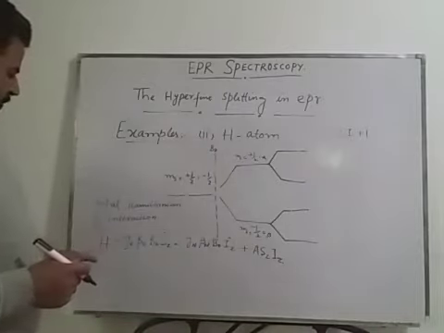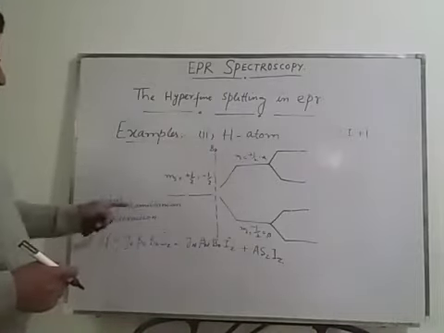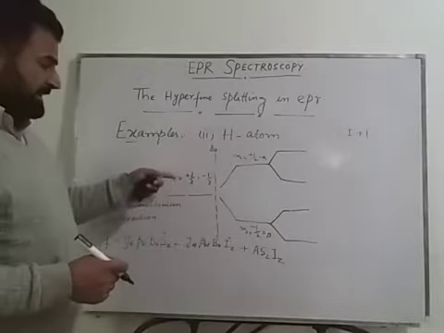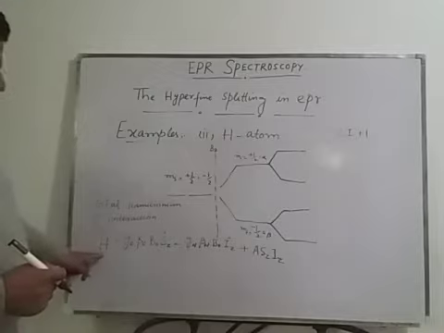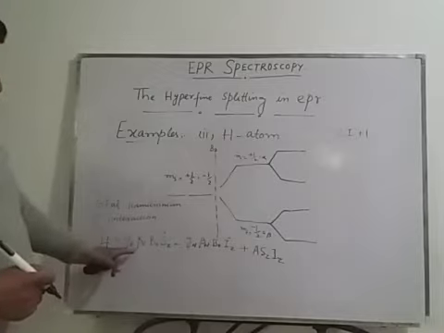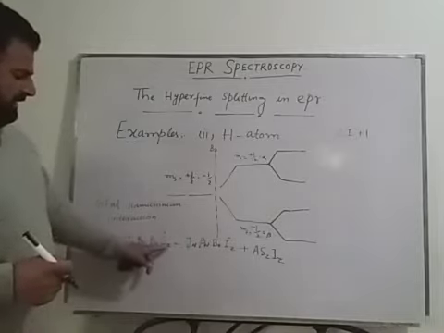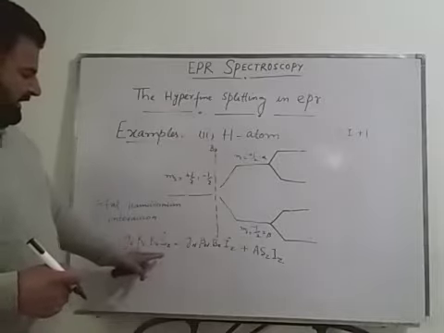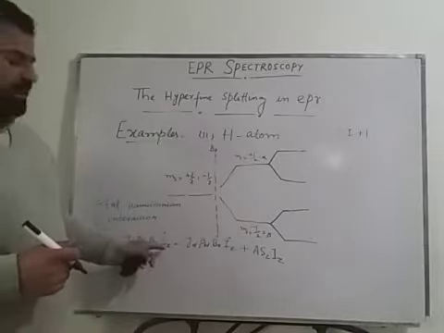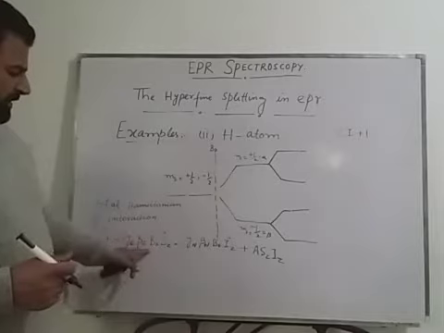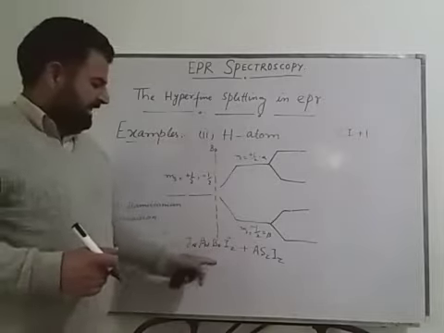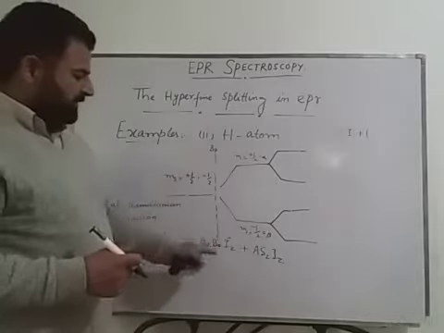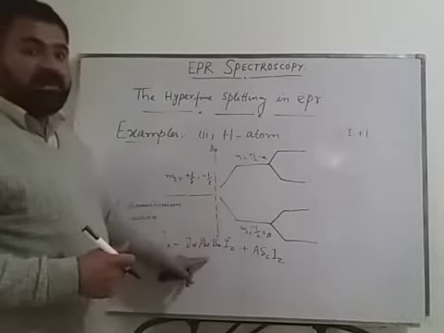So the Hamiltonian of the total interaction of the two spins, the electronic spin and the nuclear spin, is given by this. The first term, Ge beta E B naught Sz, is the interaction of the electronic spin with the applied magnetic field. The second term, Gn beta N B naught Iz, is the interaction between the nuclear spin and the applied magnetic field.